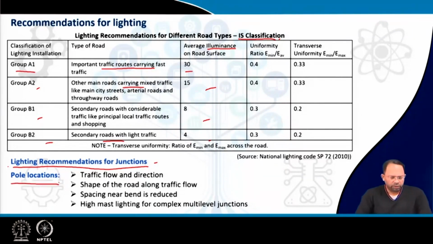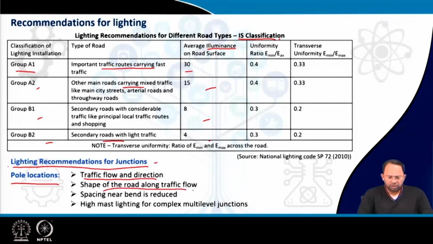Now, the pole locations are also important. Along with the lighting quality or the lighting levels, how we organize the poles is also important. It depends on the traffic flow and direction. As I was saying, when there is a bend, we should place the poles in such a way that they show us that the street is bending.